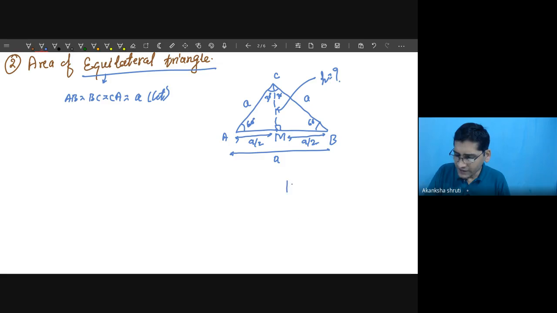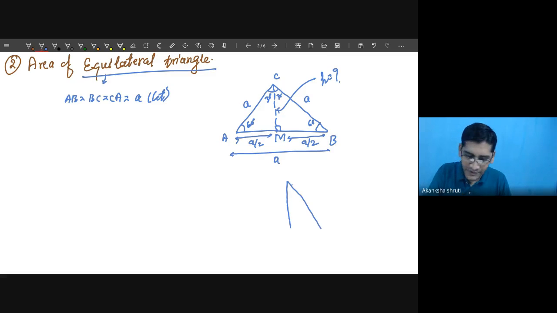Just take one half of the triangle, not the complete one, but just one side of this. This is our C, this is M, this is B. Only this much part we are taking.